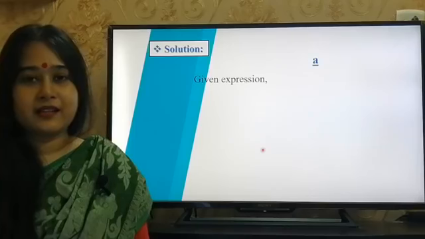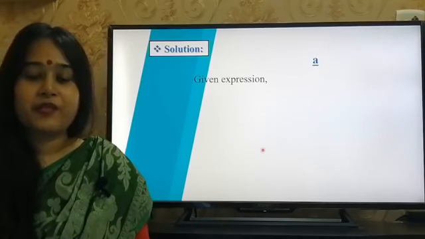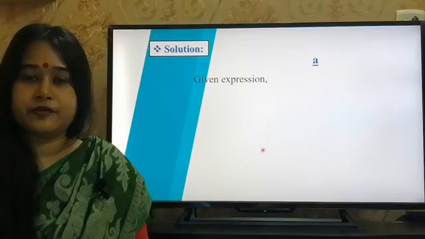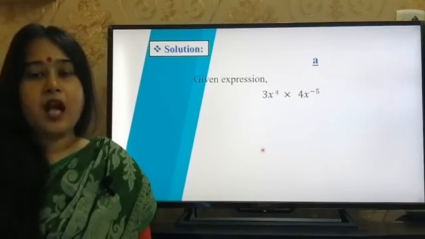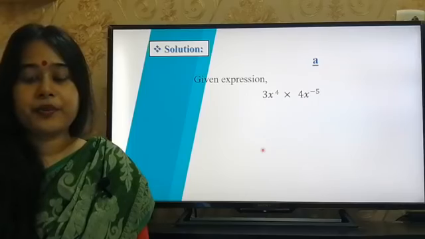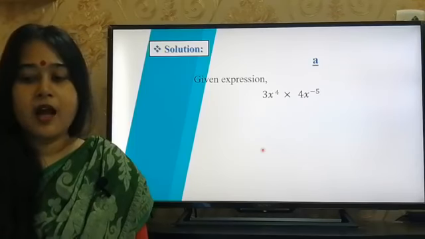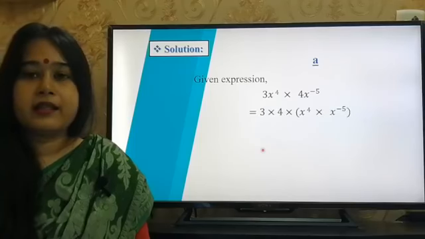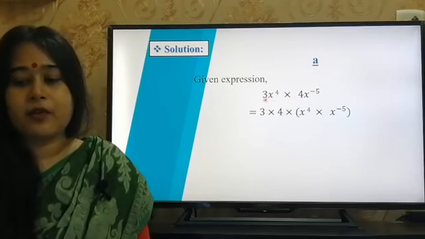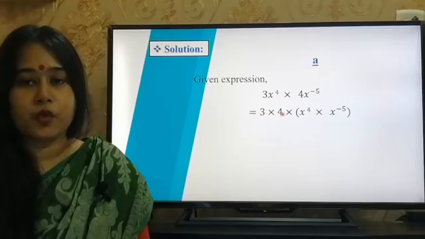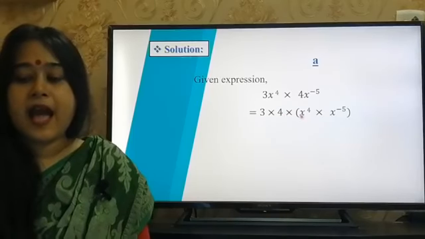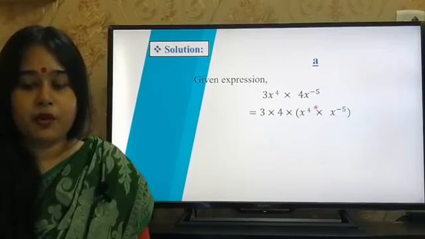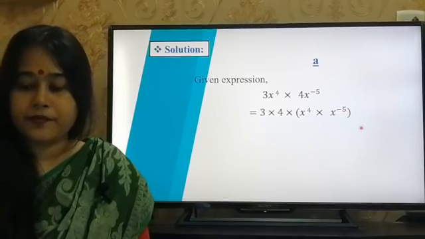Here, for the solution of question A, first of all you will write the given part of our question, that is, given expression 3x to the power 4 into 4x to the power minus 5. And the next line, you can see here 3 into 4, that we have multiplied these two numerical coefficients, and the exponents x to the power 4 into x to the power minus 5.